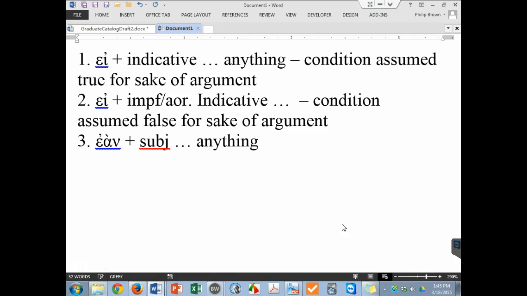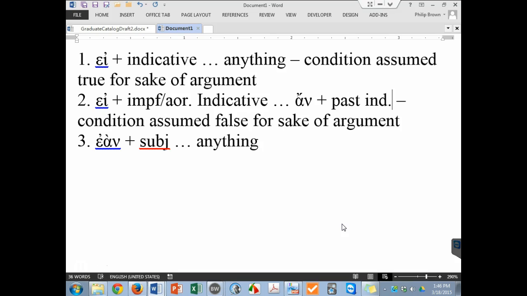Normally it's an plus, I just say past indicative. And this is often called future more probable.